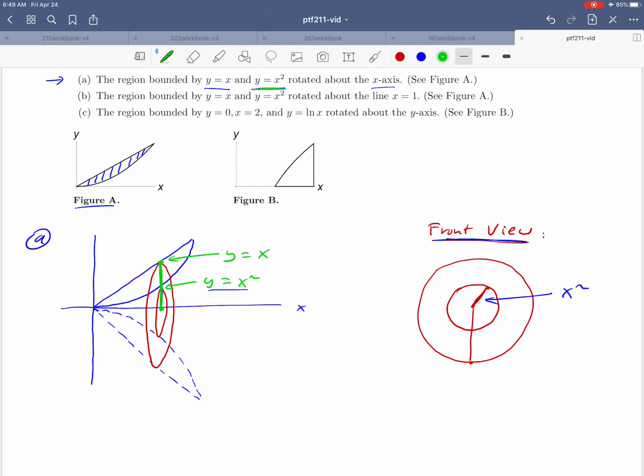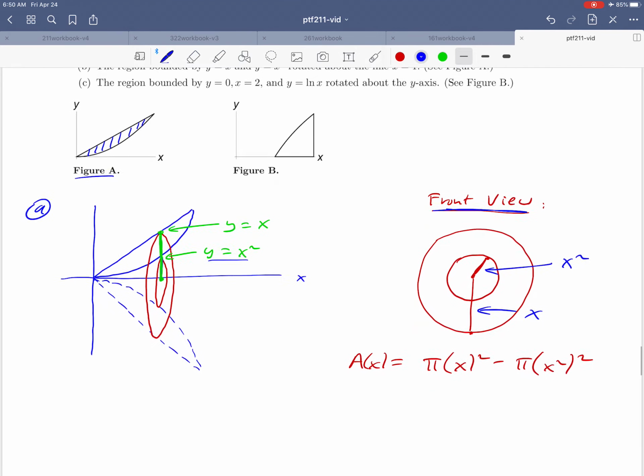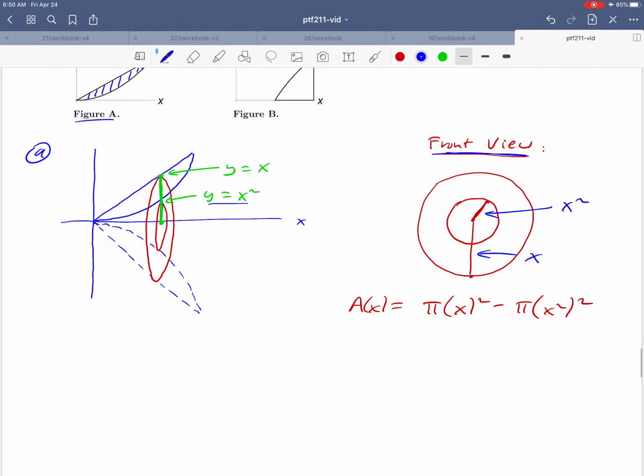That's going to be given by y equals x. And so if we want to write down a formula for the area of this slice, we just need to take the area of the bigger circle minus the area of the smaller one. So we're going to get pi times the bigger radius squared minus pi times the smaller radius squared. So there's a formula for the cross-sectional area.